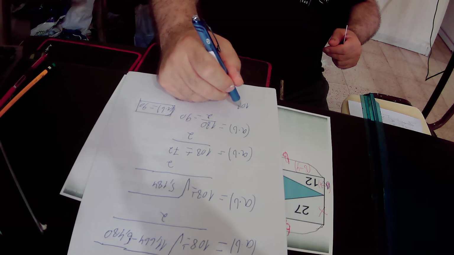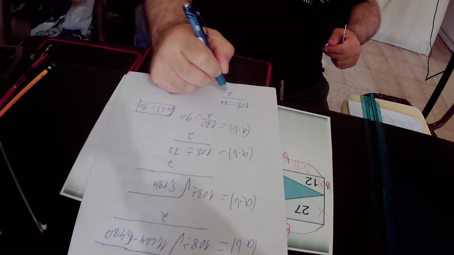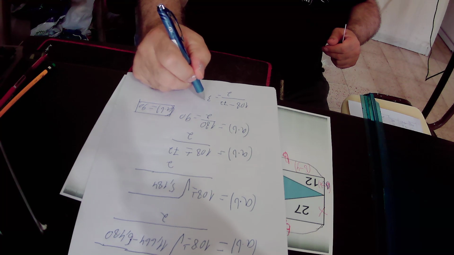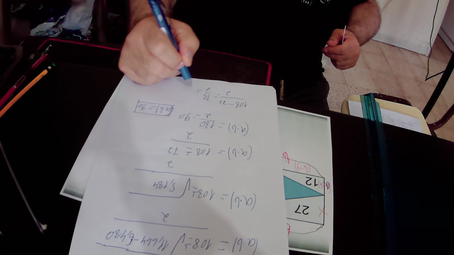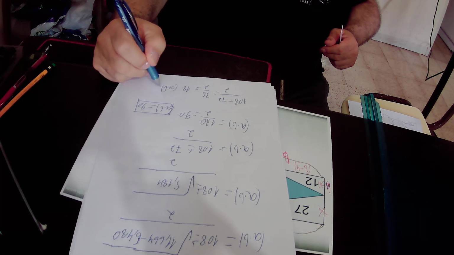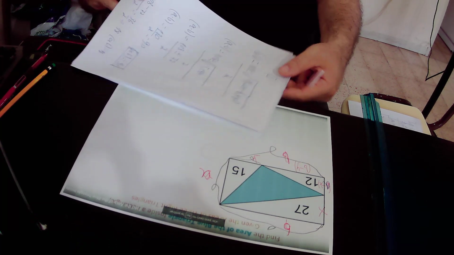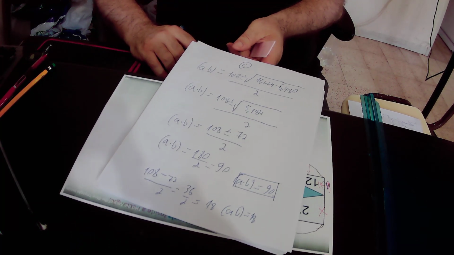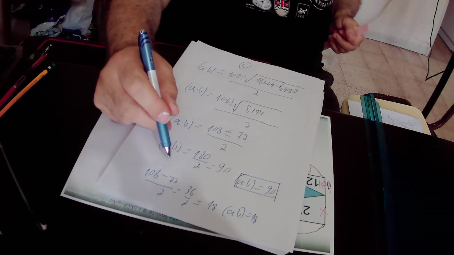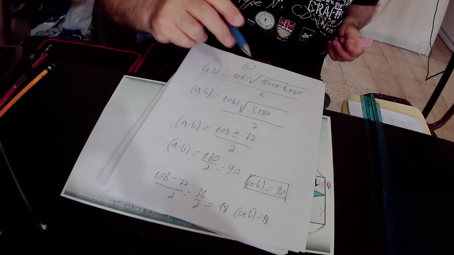So we will find the second solution. 108 minus 72 divided by 2 equals... okay, the second solution for x that equals a times b is: 108 minus 72 is 36, and 36 divided by 2 equals 18.